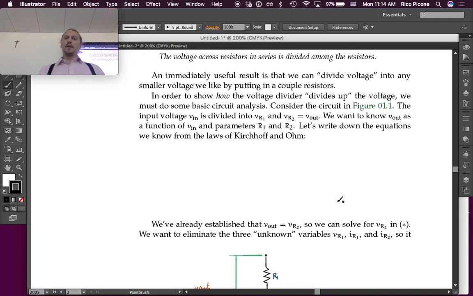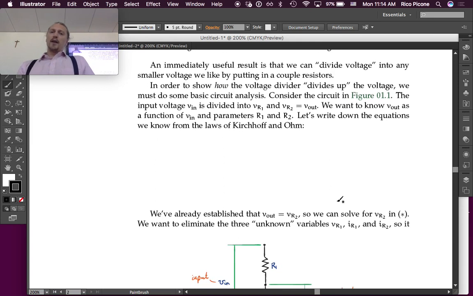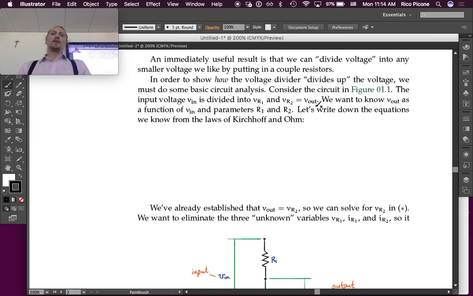The input voltage, Vin, is divided into the voltage across R1 and the voltage across R2, which we say is our output voltage. We want to know what the output voltage is as a function of the input voltage. And you can also have parameters like R1 and R2, but you don't want things like the current through resistor 1 in there in your equation, because that's not a known quantity, at least yet. You could solve for it.